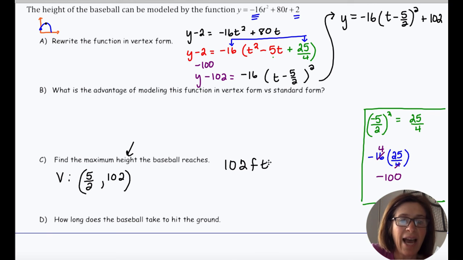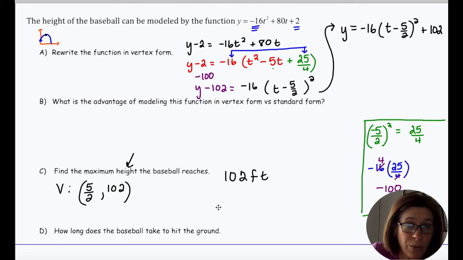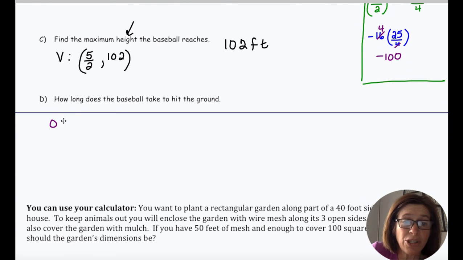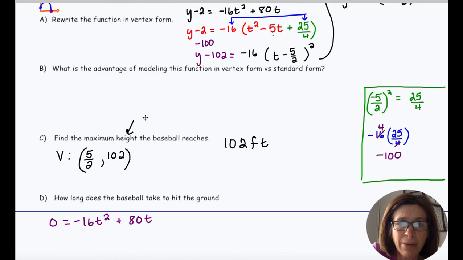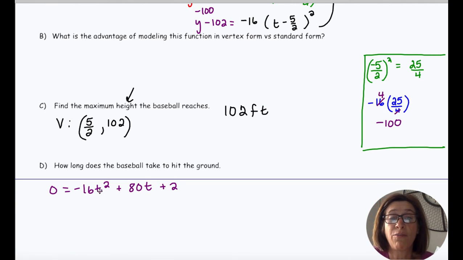Now it says, how long does the baseball take to hit the ground? Well, that's when the y value, or the h value, the height, is 0. So that's right here, right? That's asking me for the x-intercepts. So now you have 2 options. You could take the standard form equation, negative 16t squared plus 80t plus 2, and set it equal to 0 and solve by factoring, your calculator, or graphing.